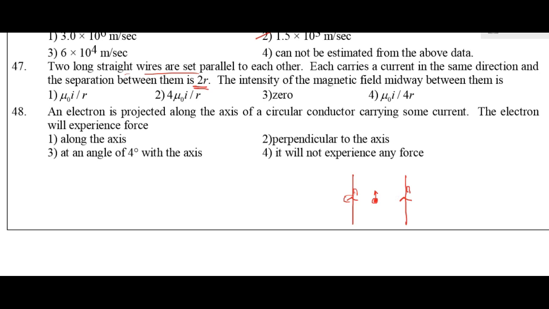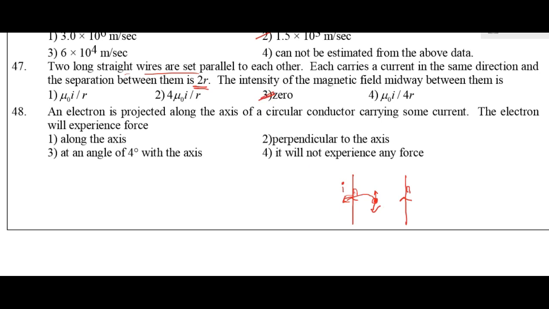When we put our fingers here, the fingers will be coming down and going into it. So this one will be going into it and this one is going outside. These two are equal and opposite. The magnetic fields are equal and opposite because the same current is flowing and the distance is the same, so they cancel out each other and the field becomes 0.